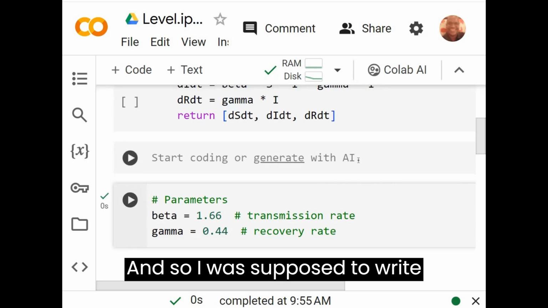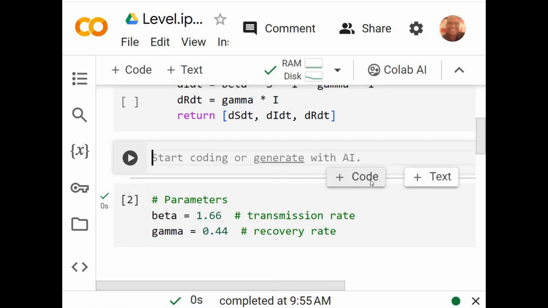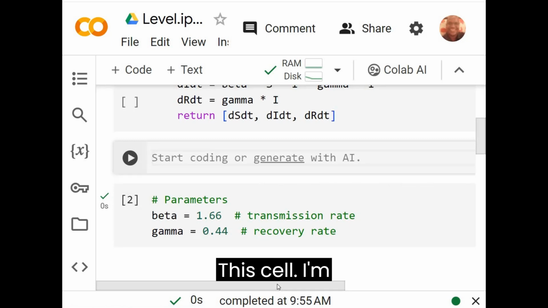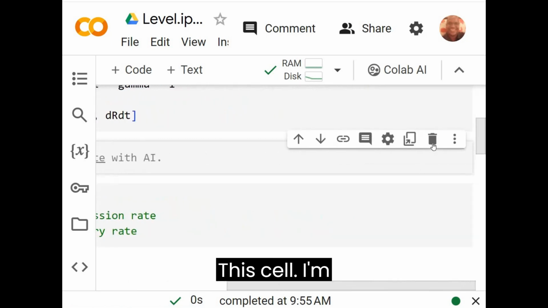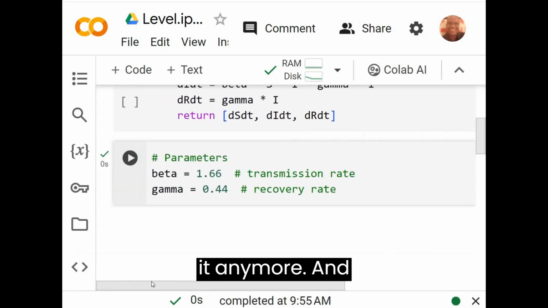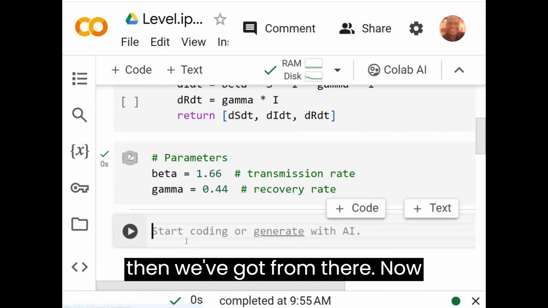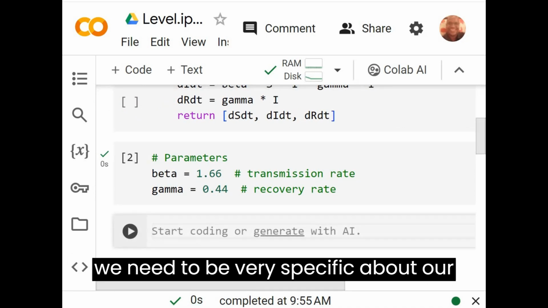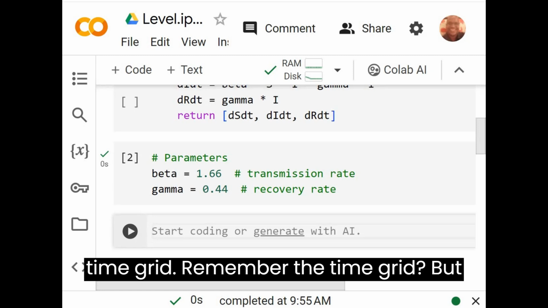I was supposed to write in this cell, but I'm going to remove it because I don't need it anymore. From there, we need to be very specific about our time grid. Remember the time grid.